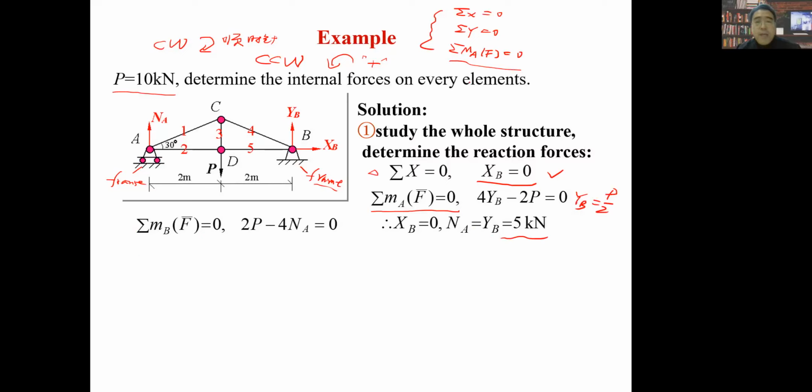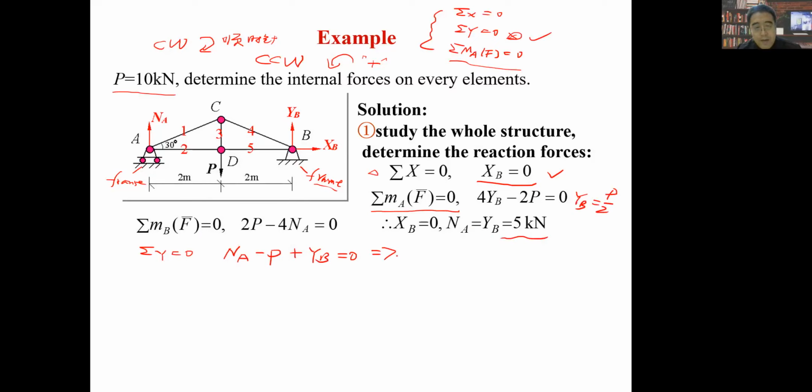Actually, we also can use the last equation, this one. Maybe I can write here, sigma Y equals 0. So please, you guys follow me together. We have NA, right? NA minus P because it's downward direction, plus YB because it's upward direction, equals 0, right?